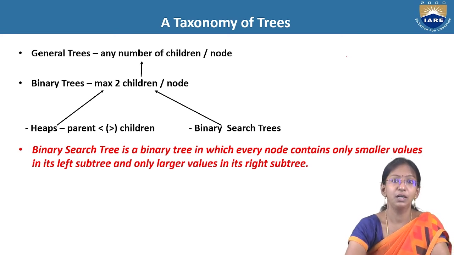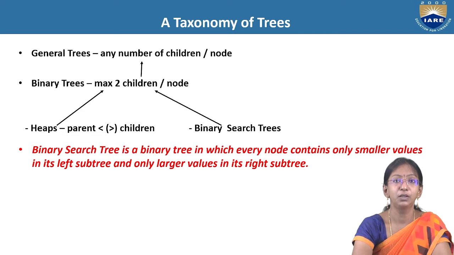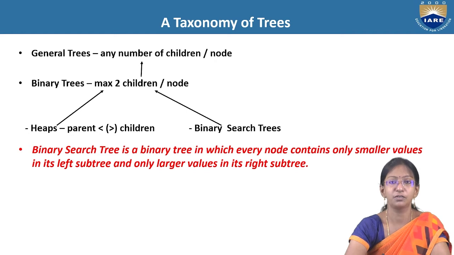Further in the future, they came up with a few constraints on the order in which data is stored. That is also a hectic problem, right? So they came up with two different types of binary trees. One is heap and the other is binary search trees. Both heaps as well as binary search trees are versions of binary trees.